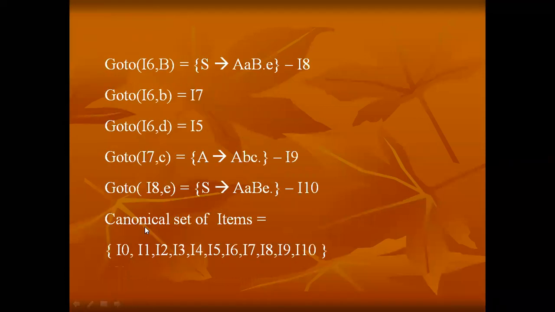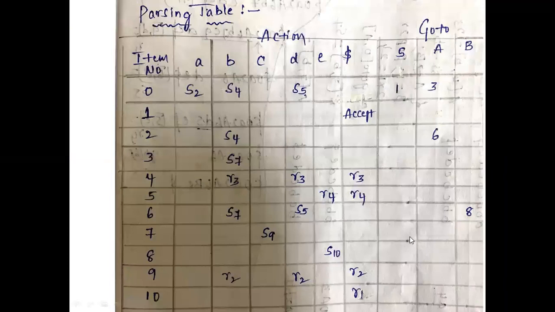When we want to fill the goto function entries, we are only checking out the item with the S, A and B. That's it. Right. See, at I0 with S, we get item number 1. When we perform the goto function, there we get I1 when we process it with I0 along with the S, right? So here we are writing only 1. Without I, we are representing it as a 1.